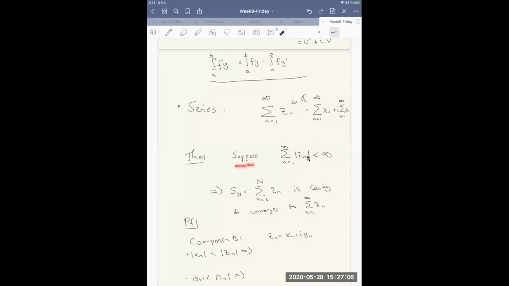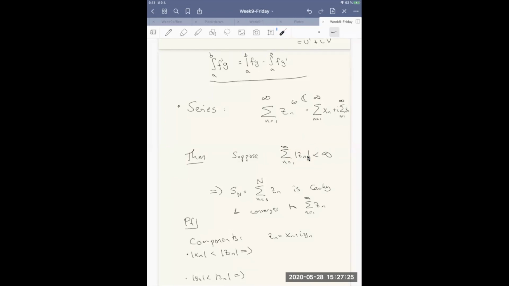So suppose we have a series of complex numbers when we sum them up. If the sum of the absolute values converges, and these are now absolute values, real numbers, so this defines another sequence and the series thereafter.